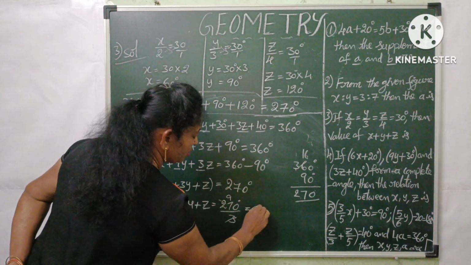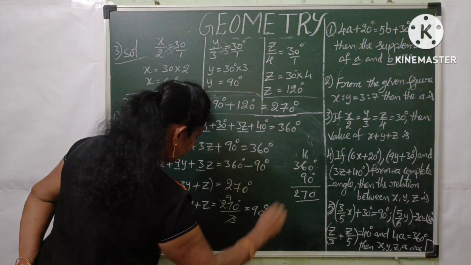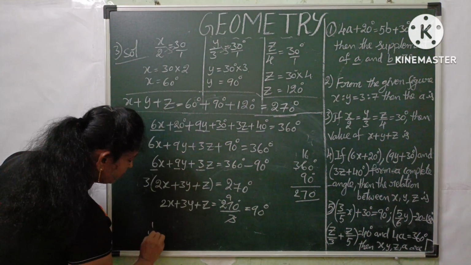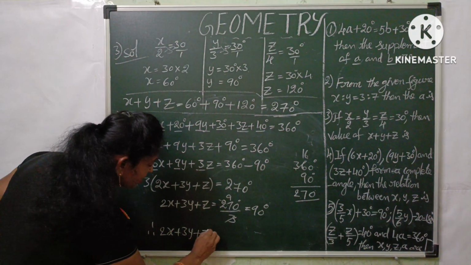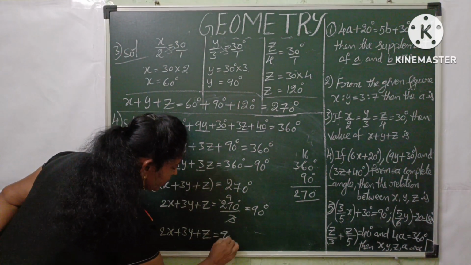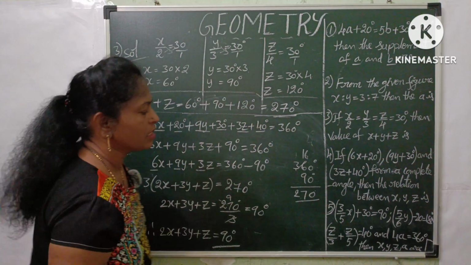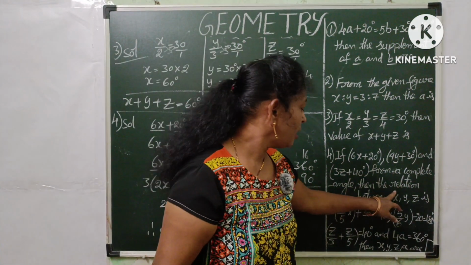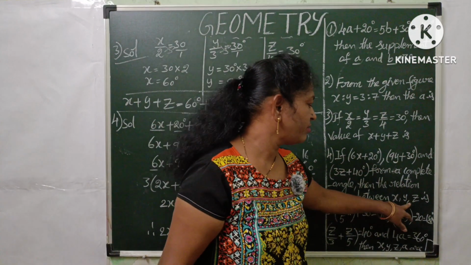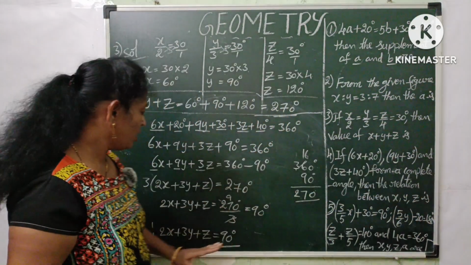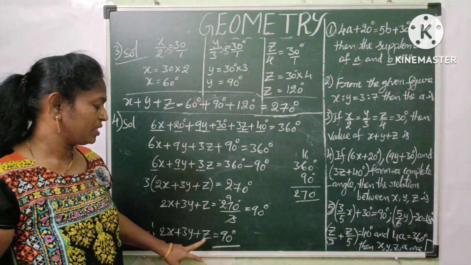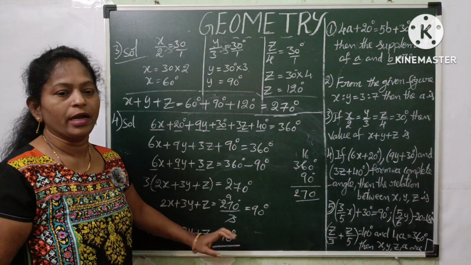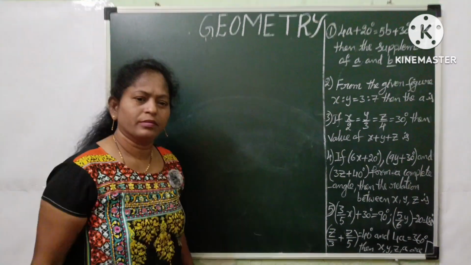That is equal to 90 degrees. Therefore, 2x plus 3y plus z equal to 90 degrees. This only they are asking, the relation between x, y, z is 2x plus 3y plus z equal to 90 degrees.